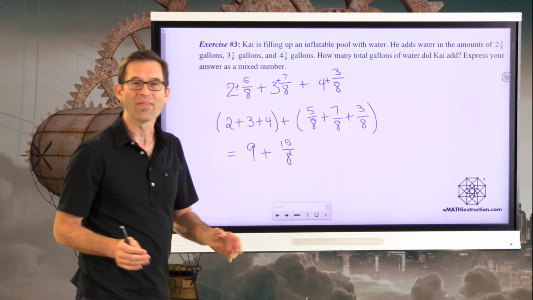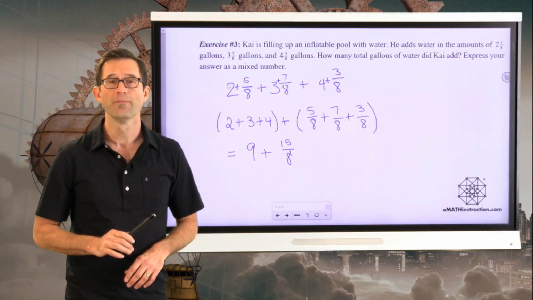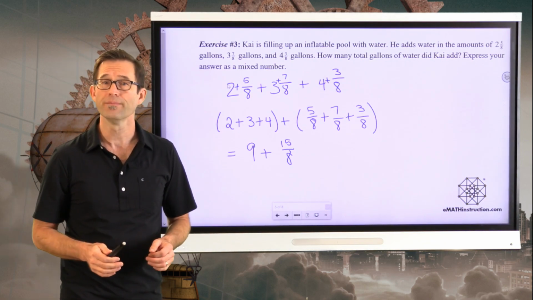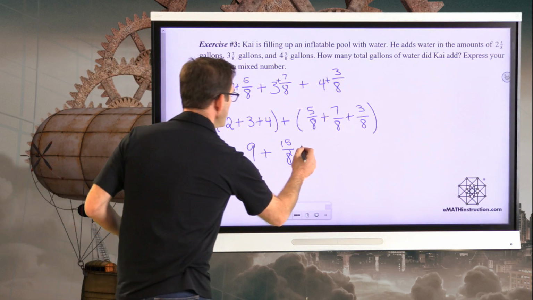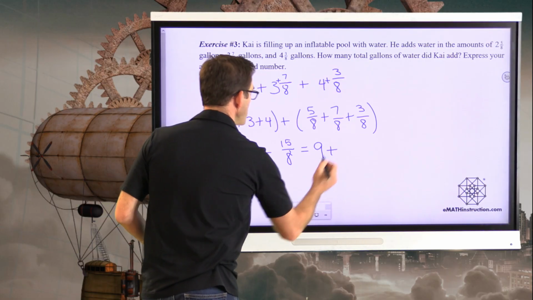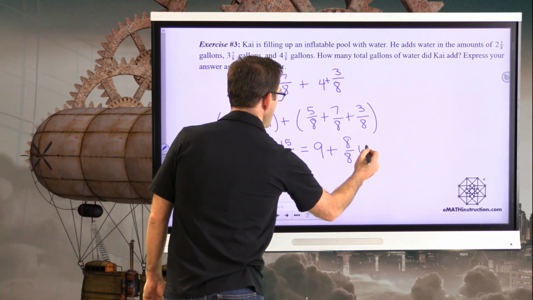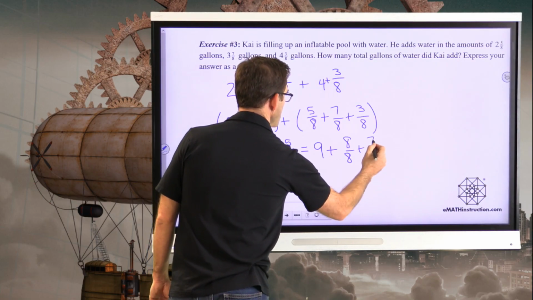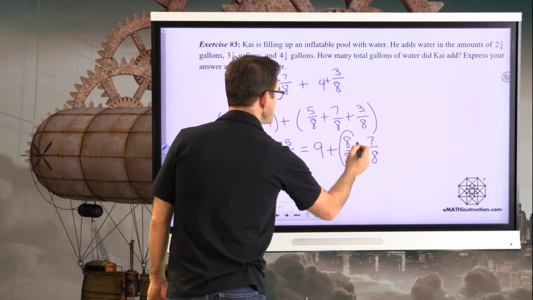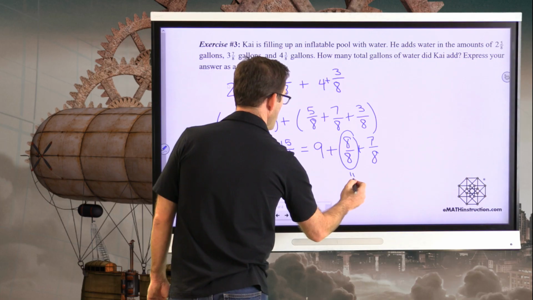But 15/8 all by itself is an improper fraction, right? And what is it? Well, 15/8, I'm going to make sure I don't lose that 9. Well, that's 8/8 plus 7/8. And 8/8 is just equal to 1.